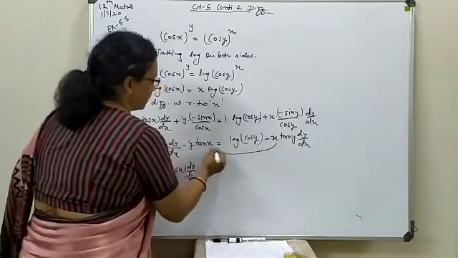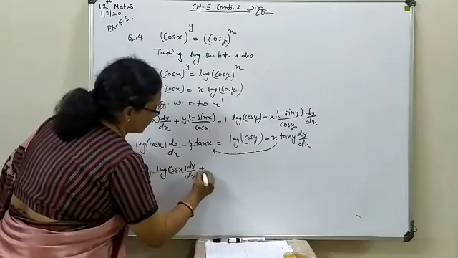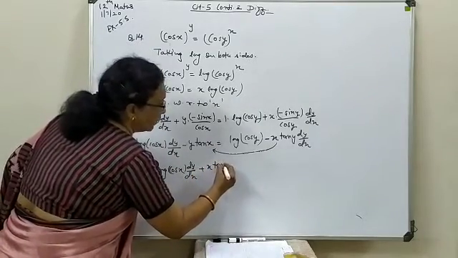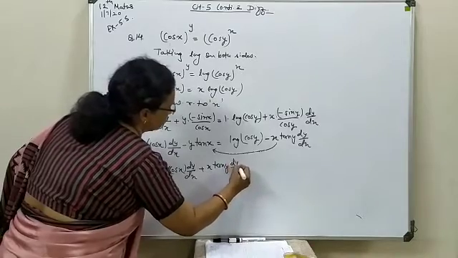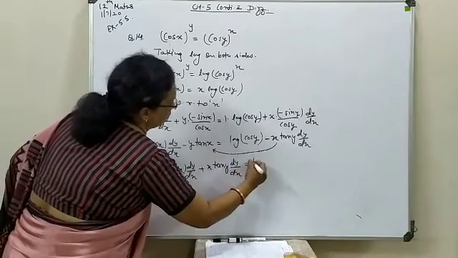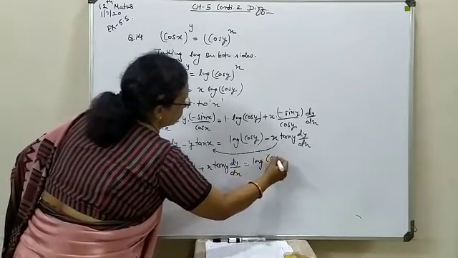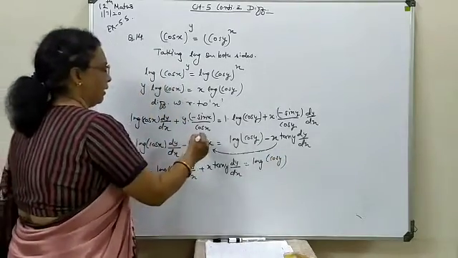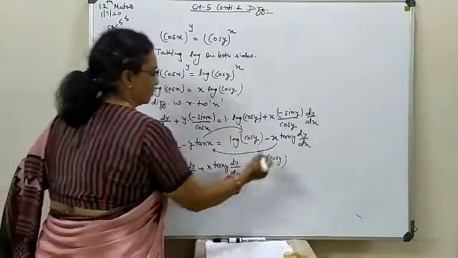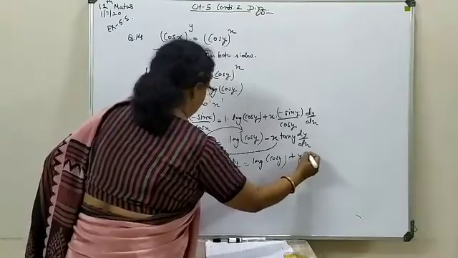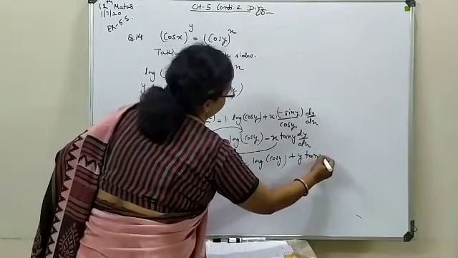Shifting this term towards this side, it will turn positive. This is x tan of y dy by dx. Now this term you keep as such. Secondly, this one you shift towards this side, so it will turn positive, y tan of x.